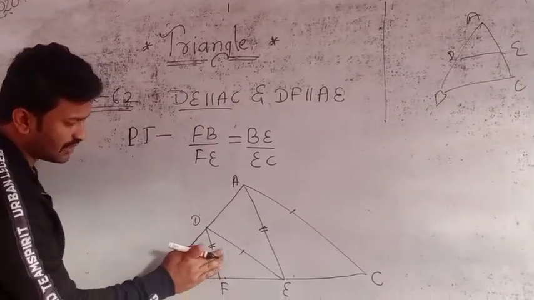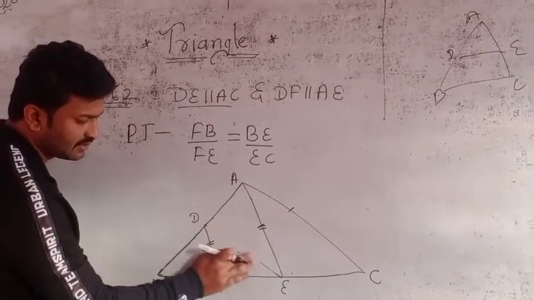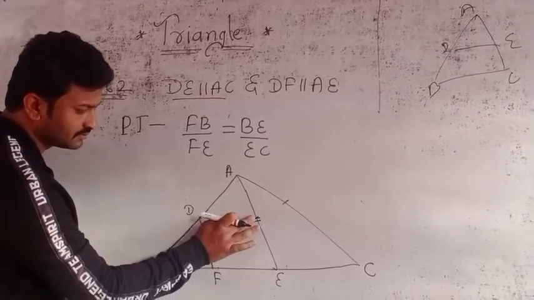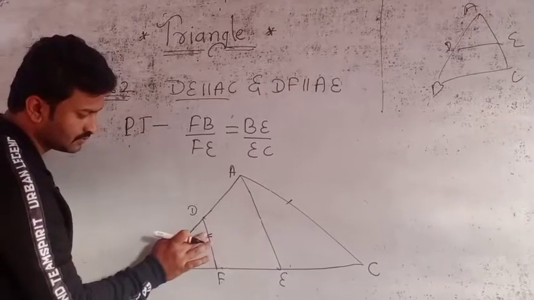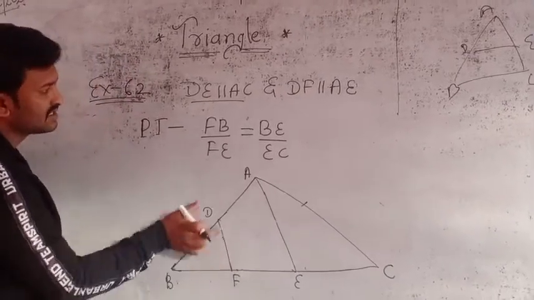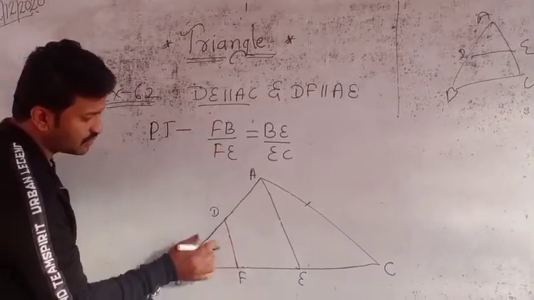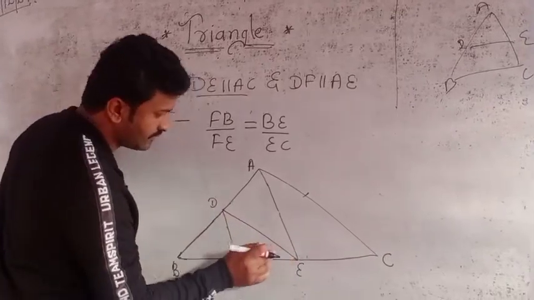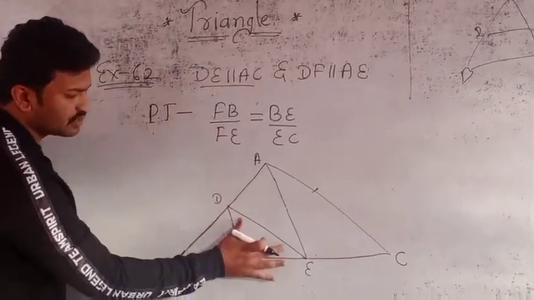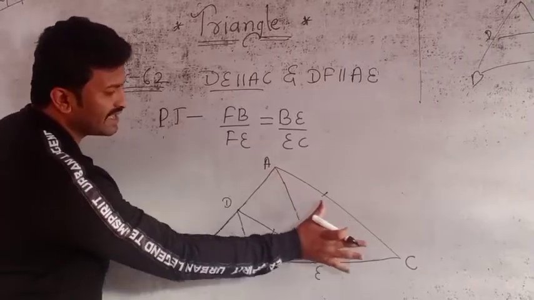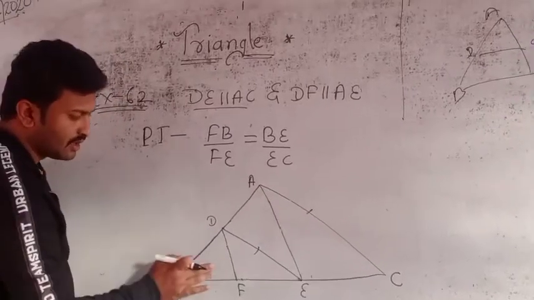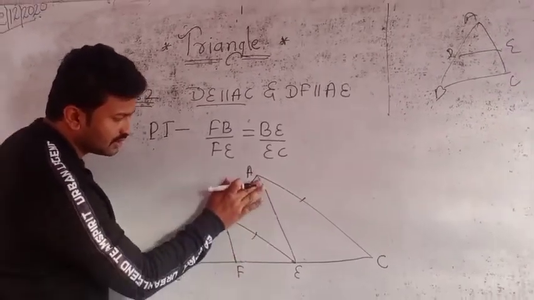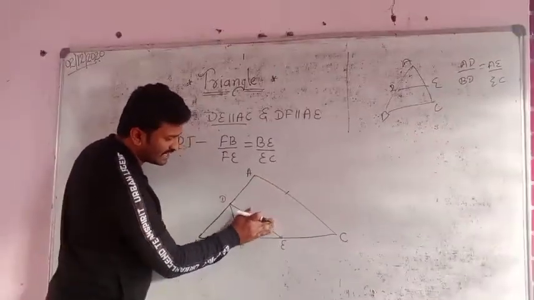You don't worry about this side. I'll remove this one. DE is parallel to this AC. Now you don't worry about these two middle parallel sides.